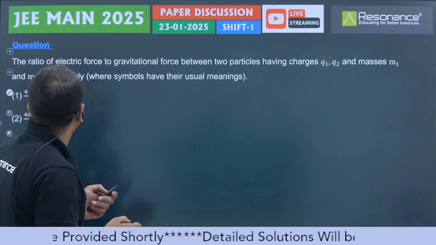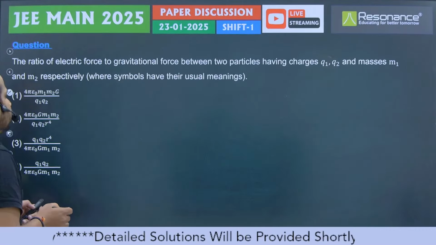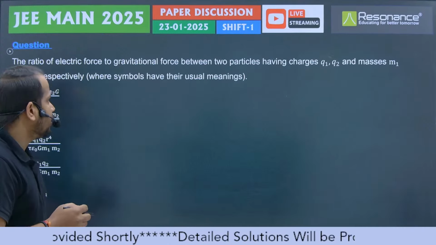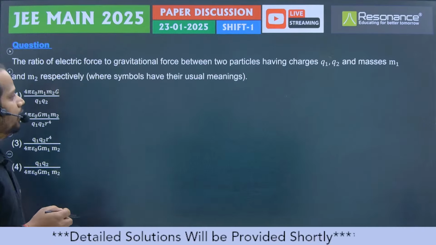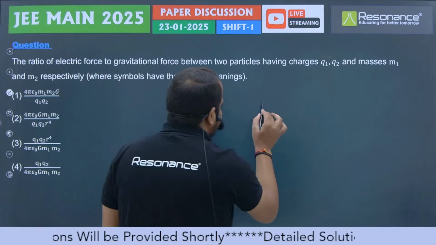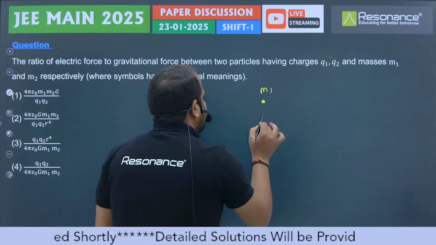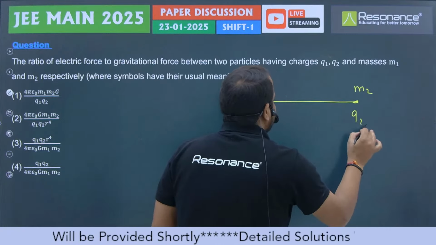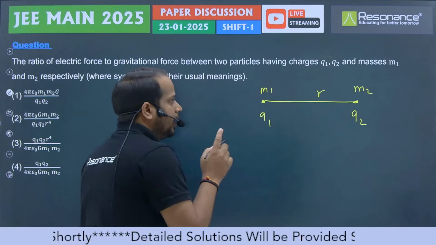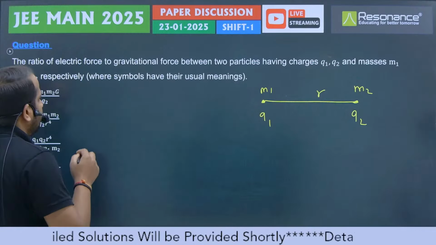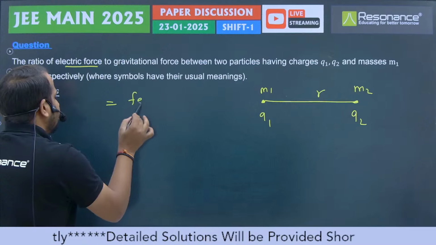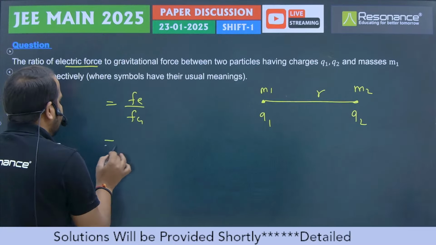Okay, it is given that the ratio of electric force to the gravitational force between two particles having charges q1 and q2 and masses m1 and m2 respectively, at the same distance. Like you can imagine, this is the mass m1, we have charge q1 over here, this is mass m2, we have charge q2 and distance r. So we have to find the ratio of electric force to gravitational force. So you can say simply this is Fe by Fg. What is the value of Fe?